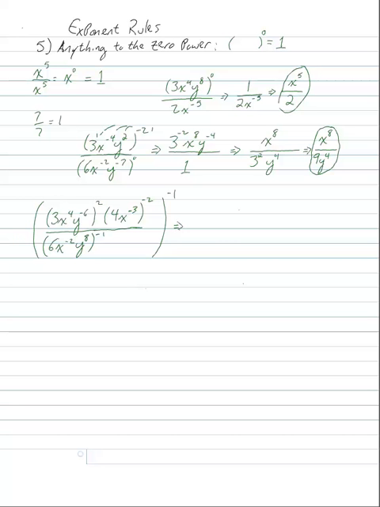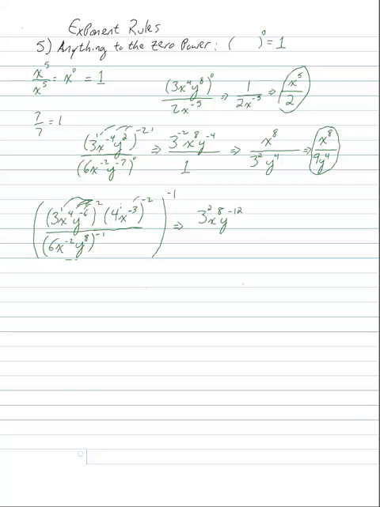Let's start out. I'm going to start off again by getting stuff out of parentheses, working inside my big parentheses. I'm going to start by getting my 3x to the 4, y to the negative 6 out of parentheses, so I'm going to take that 2 and distribute it. So I will get 3 squared, x to the 8, y to the negative 12. Now let's get my 4x to the negative 3 out of parentheses, so I'll distribute that negative 2.